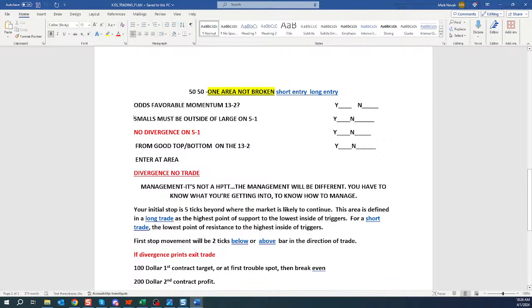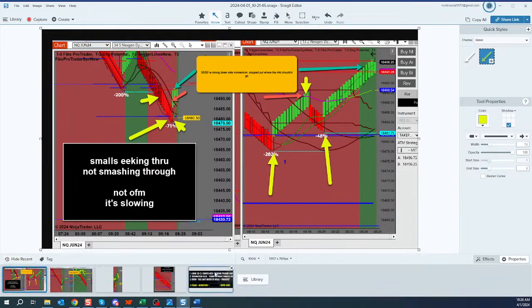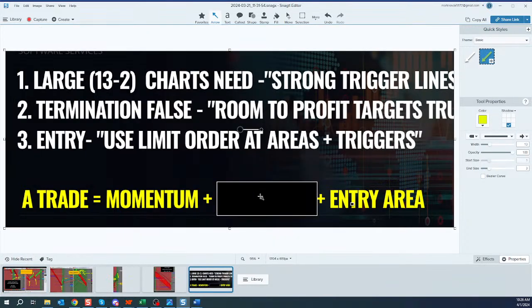A 50-50 trade has to have odds favorable momentum on the small chart. Why? Because, and I love this slide chart, and if you guys don't build yourself one of these, because I don't have a clear path on the 50-50, which means that I have to have momentum and I have to have an entry area.